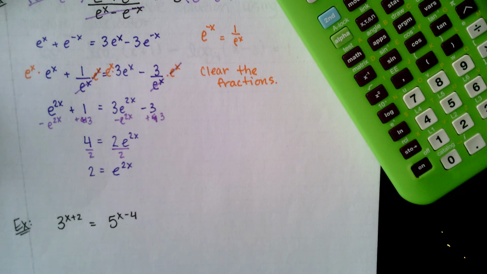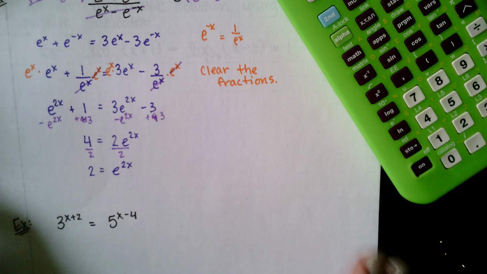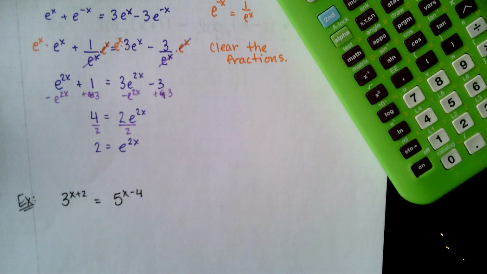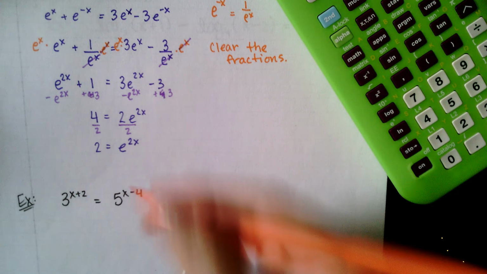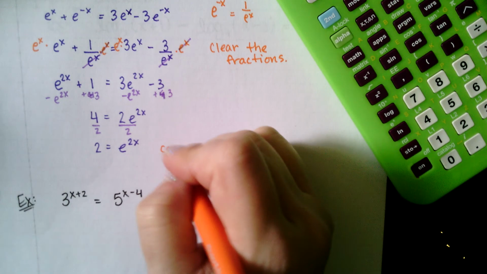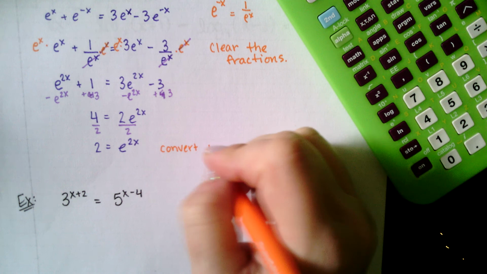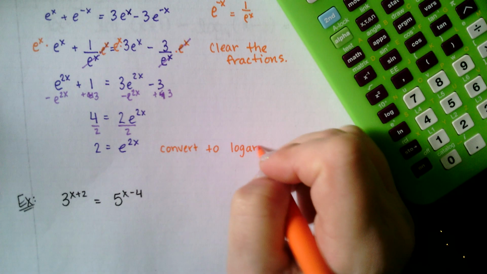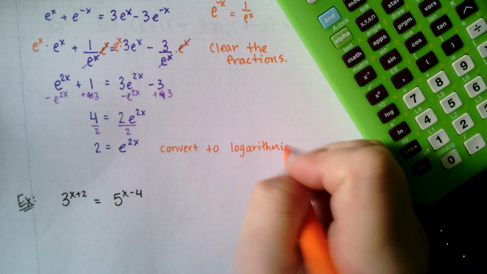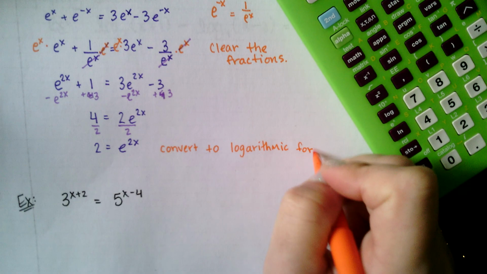Either way is going to give me the same answer at the end of the day. So whether you want to take the natural log of both sides or just convert to logarithmic form, that's going to be your choice, but we'll get the same place.